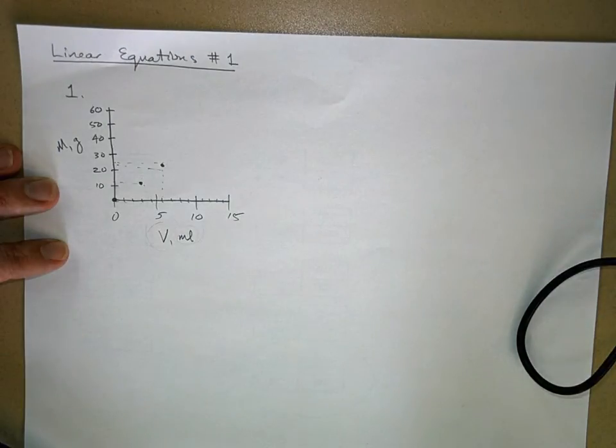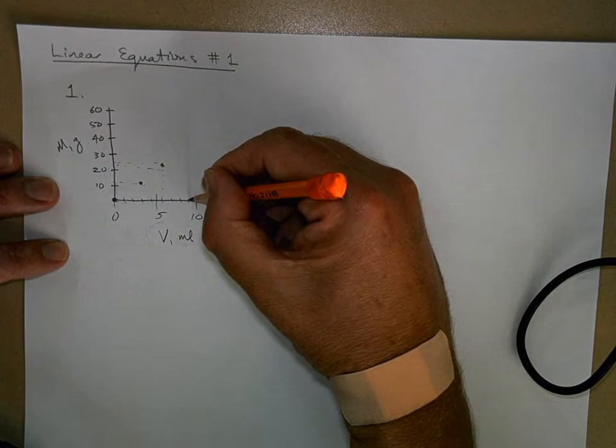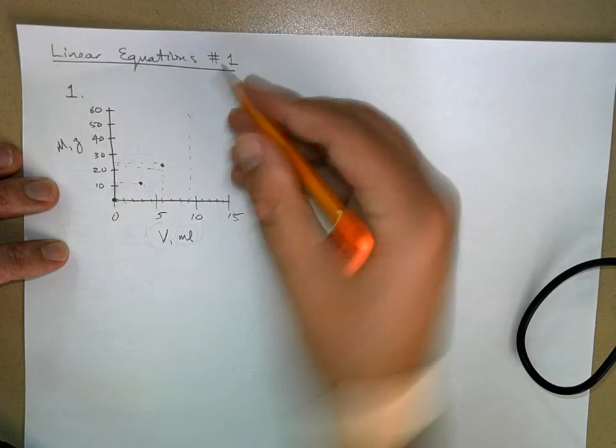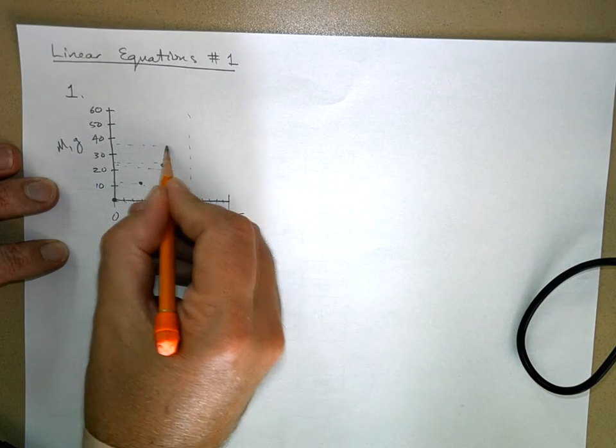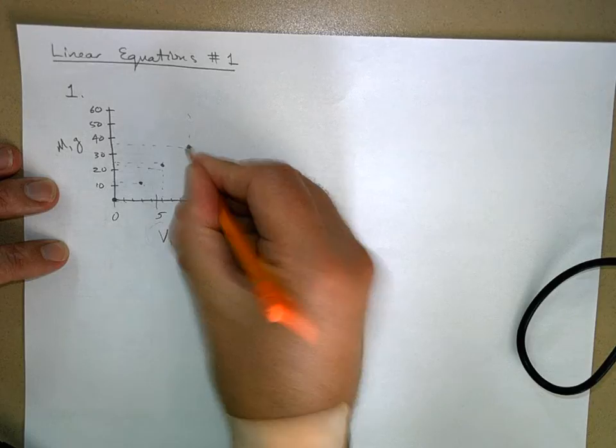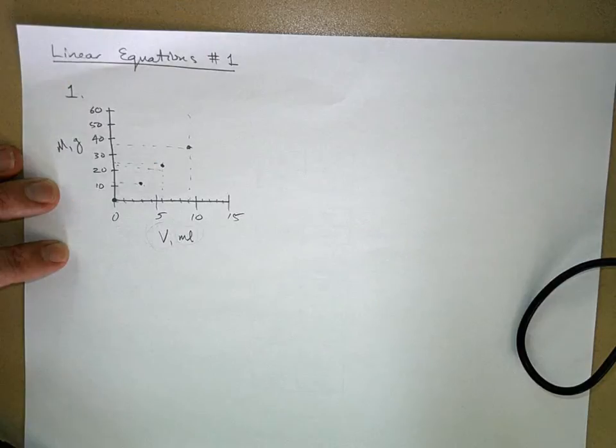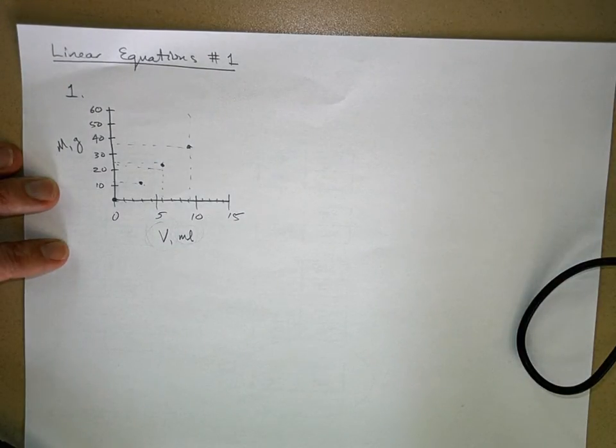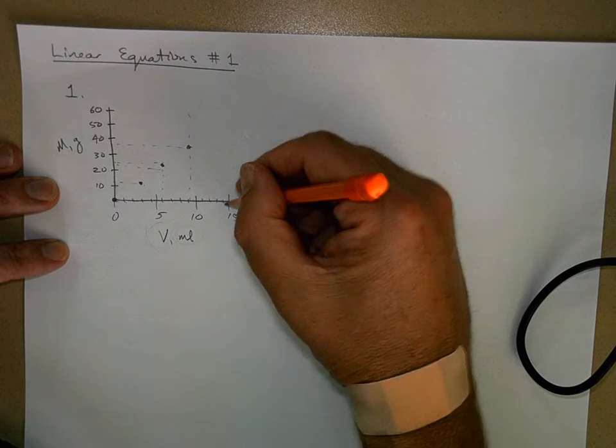And then we have 9 and 36. So here's 9. And notice I kind of go up, and 36, go over. And then finally we have 15 and 60.